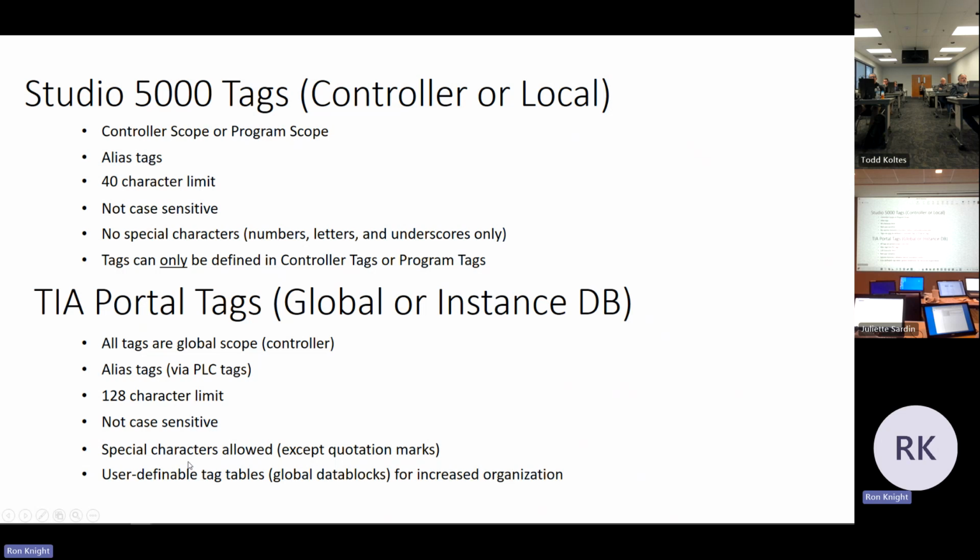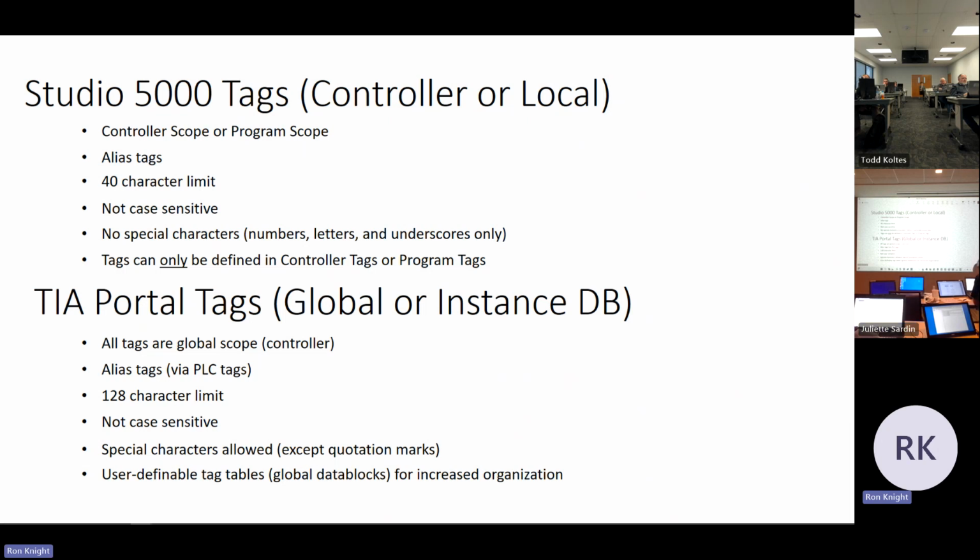Special characters are allowed. You can use any character on your keyboard except for the quotation marks. So yeah, you can use the number sign, you can use the percent sign, you can even use spaces in your tag names. I don't recommend using spaces in your tag names. That becomes very complicated later on. Is that mix space tank or mix tank or?